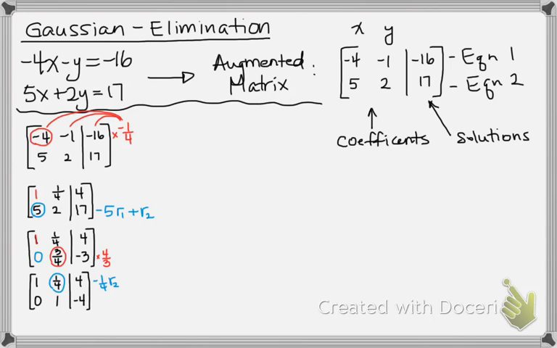And then once I do that, I can add it on to row 1. Okay, so let's go through the sequence of steps on this.